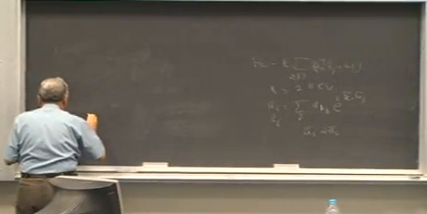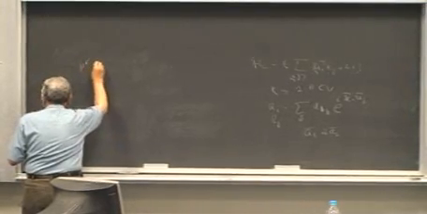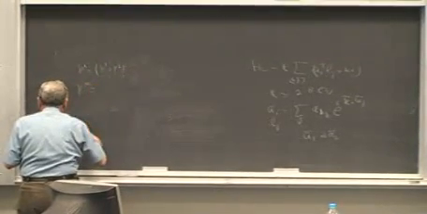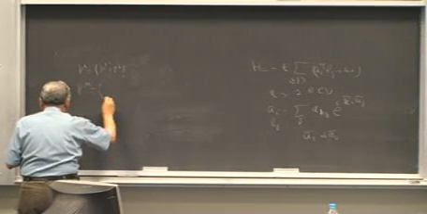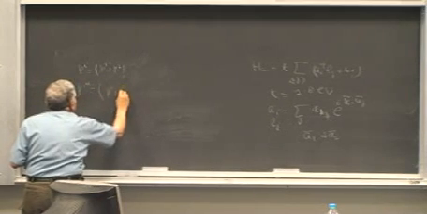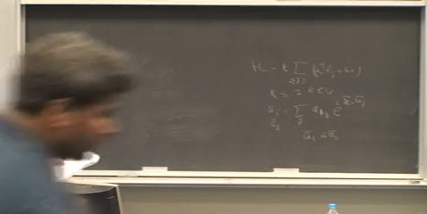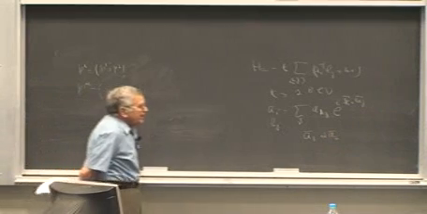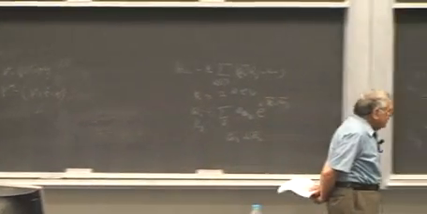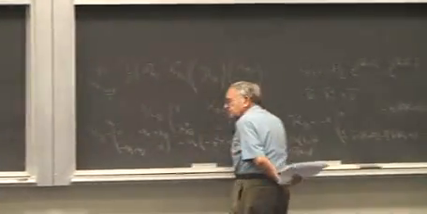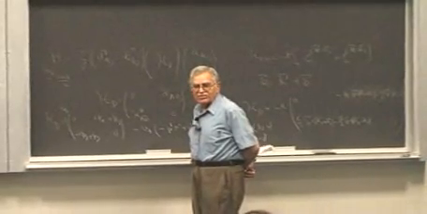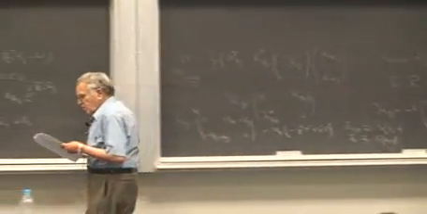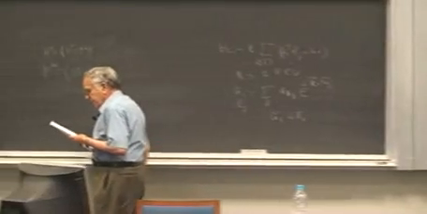Let me introduce p_i as p1, p2, and in 1+2 dimensions our p^μ will be p0, p1 and p2. Now I want to emphasize that this is not sigma dot p. It is different from sigma dot p. It is minus p1 sigma 2 plus p2 sigma 1.